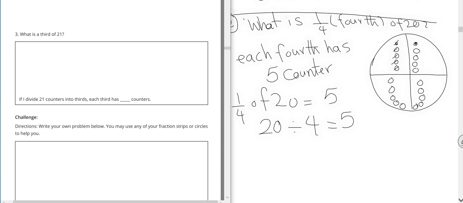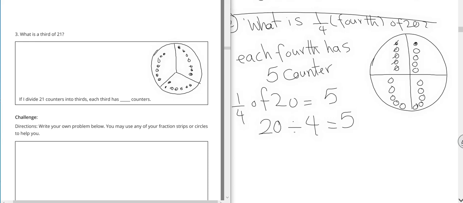What is a third of 21? One whole equals how many thirds? 3 thirds. One third equals how many counters of 21? 1, 2, 3, up to 21.